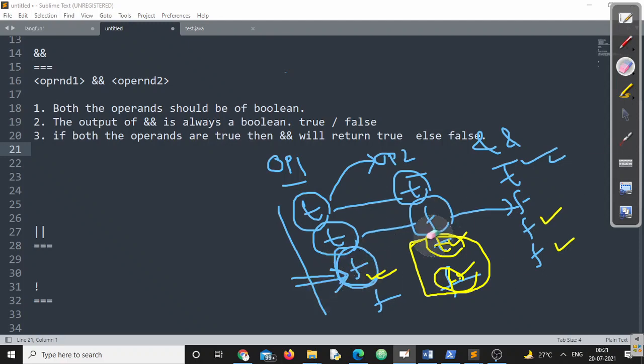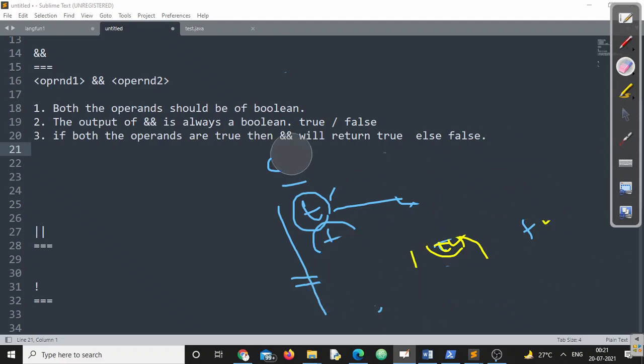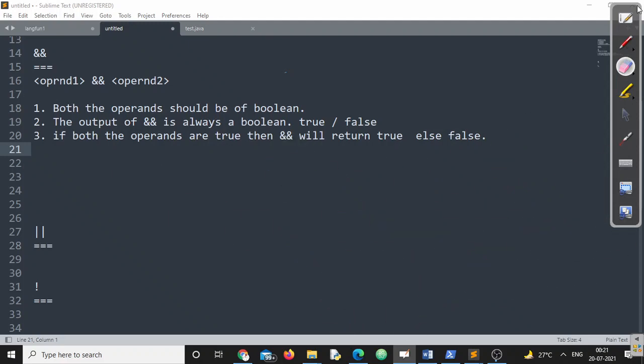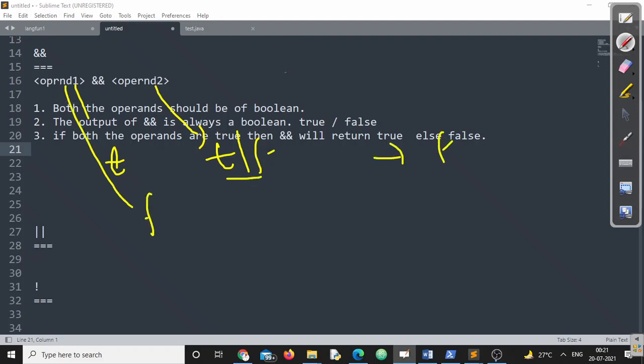Don't worry, you just keep all these things in mind. Suppose the first operand is evaluated to be true. Now there might be a chance the second operand could be true or could be false, so accordingly the result will be decided. But whenever the first one is false, do you really think the second operand needs to be checked?